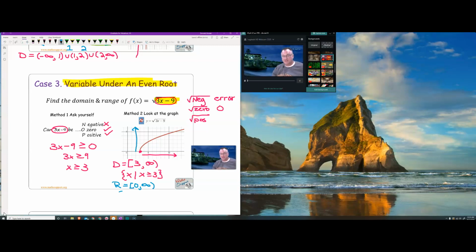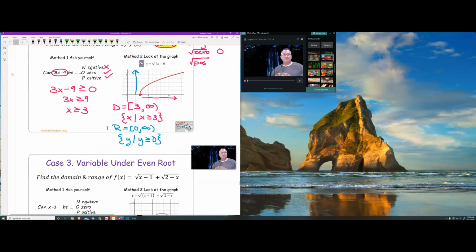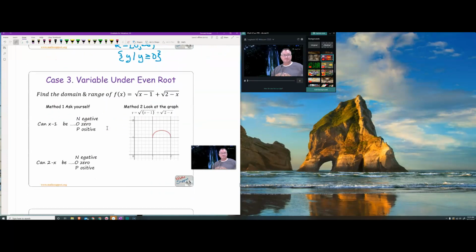If I wrote that in set builder notation, it would be the set of all y's such that y is greater than or equal to 0. Those two things mean the same. So that's what you do with a variable under an even root. There's a restriction on the domain.